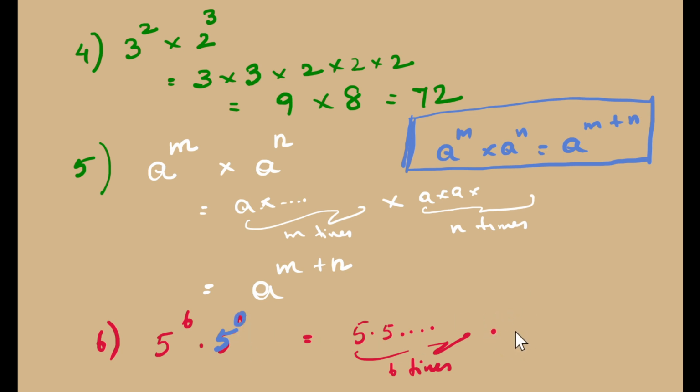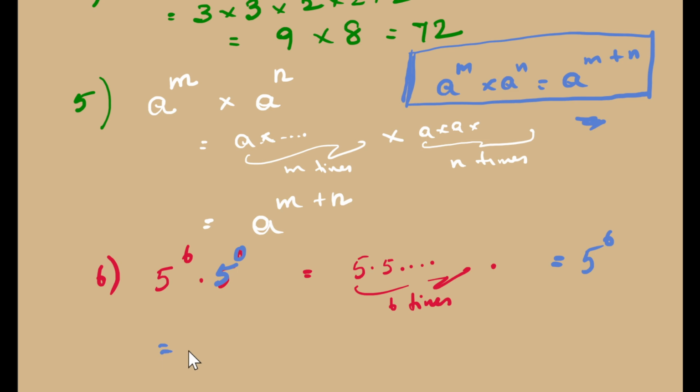I don't even have to write a 5 since it is no times. So what I get ultimately is 5 raised to the power 6. If I apply this rule here, it also satisfies, because 5 raised to the power 6 multiplied by 5 raised to the power 0 gives 5 raised to the power 6 plus 0, which is 5 raised to the power 6, the same as what I obtained before. So this product rule is satisfied.